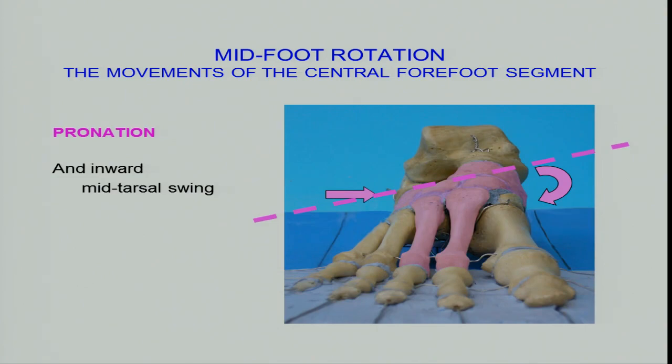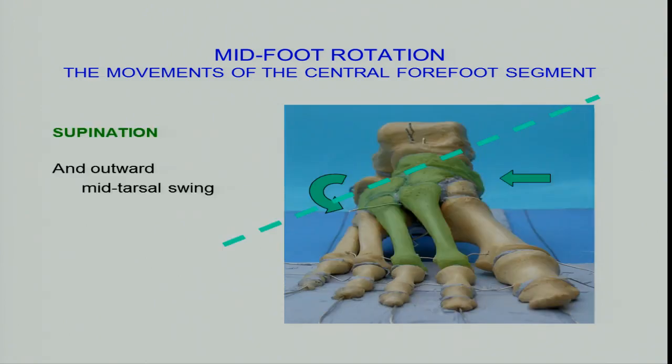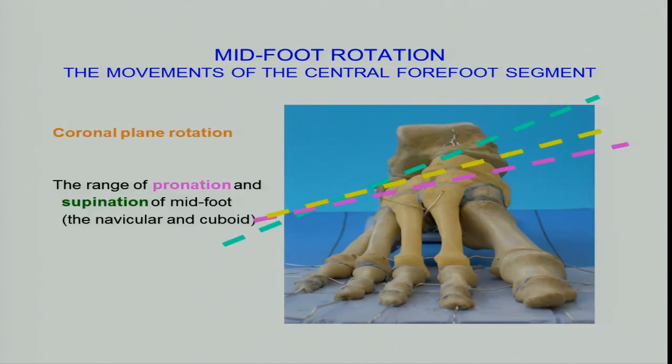So if that goes into pronation in the midfoot area, or supination, the metatarsals have to twist in the opposite direction to keep the forefoot horizontal. So we made it go through a range of movement of 20 degrees.